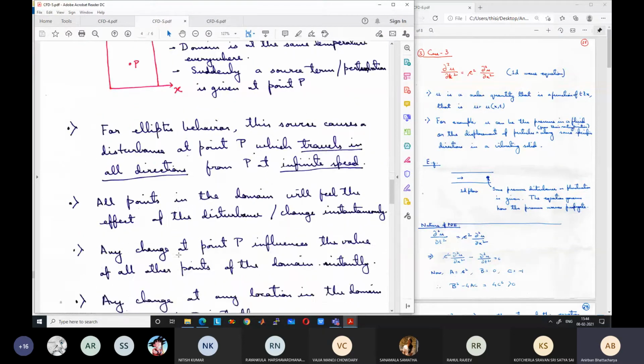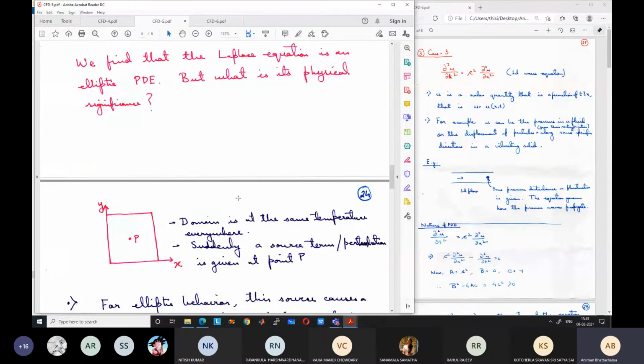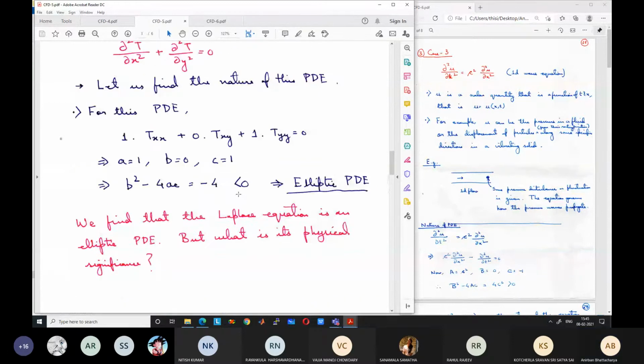What we have seen in this case is that if we introduce a disturbance at any point in the domain, with respect to x and y, because the equation has x and y as independent variables and temperature T as the dependent variable, or any source term anywhere in the domain, it is immediately felt everywhere else.